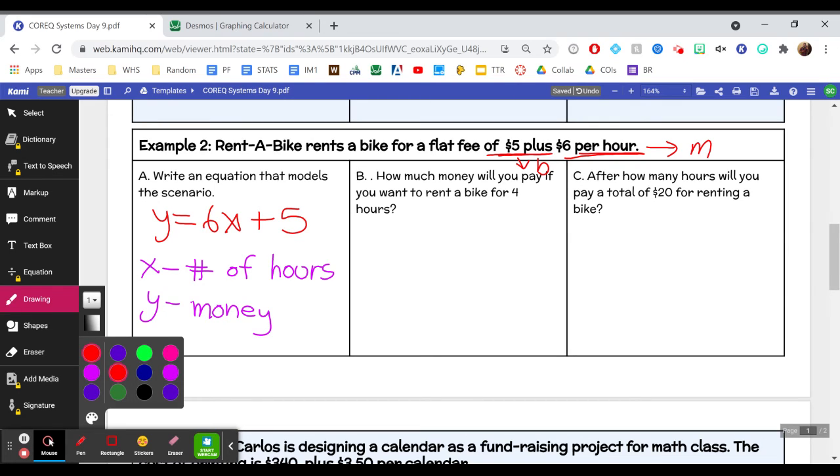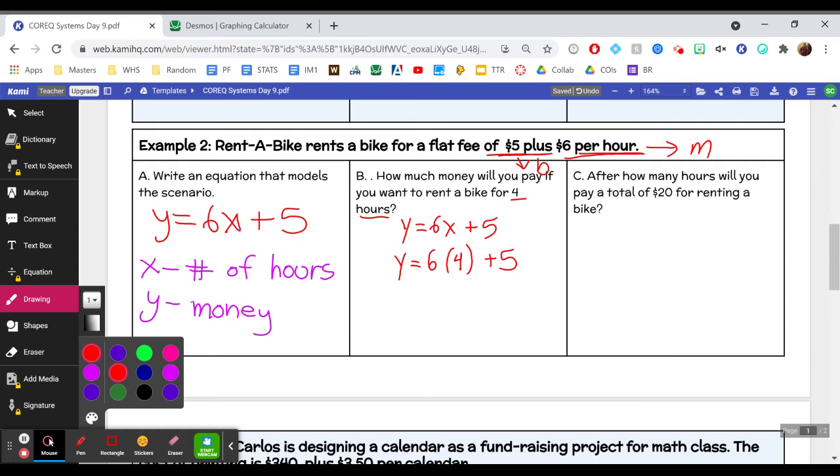Okay, so for question 2, how much money will you have to pay if you want to rent a bike for 4 hours? Okay, so again, 4 hours, that tells me that that's the value of x. So in my equation, y equals 6x plus 5, I'm going to take my 4 and plug it in for x. I'm going to take 6 times 4 plus 5.